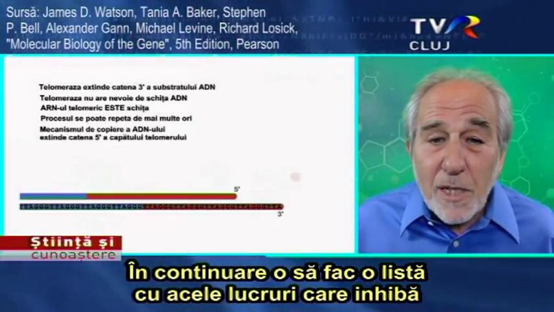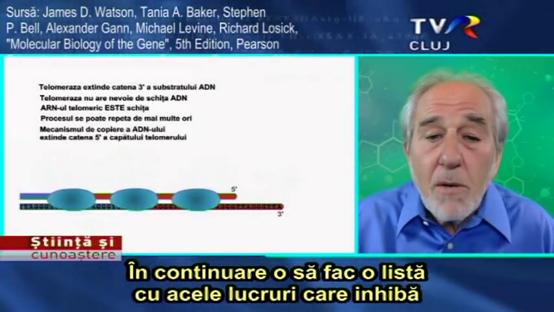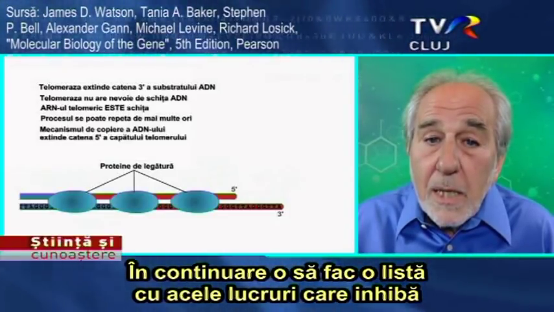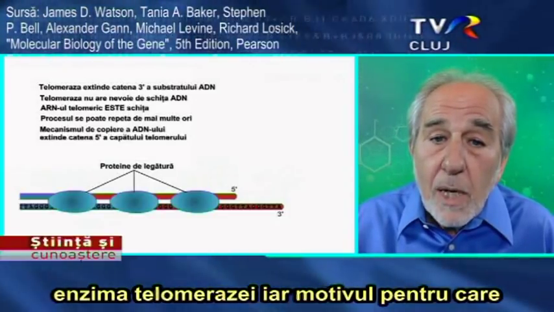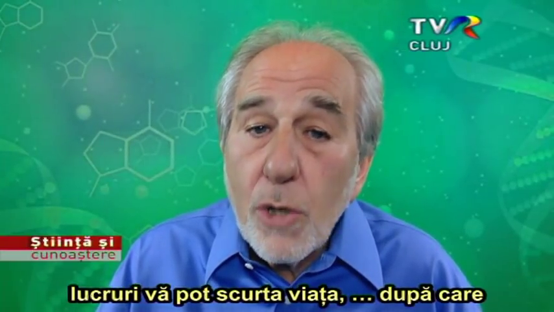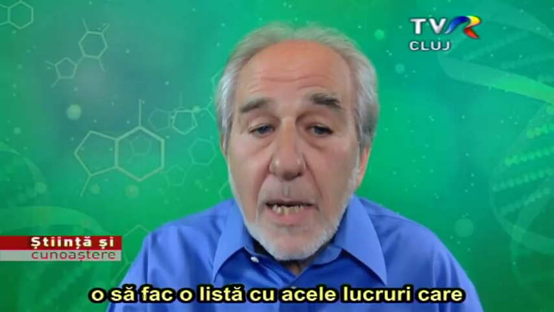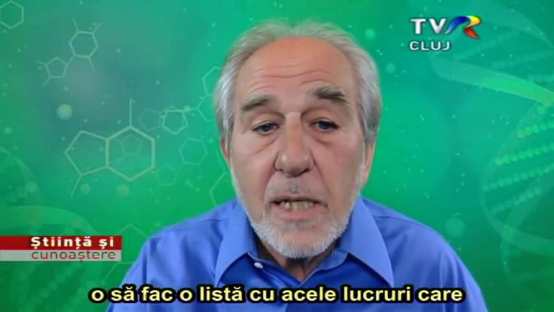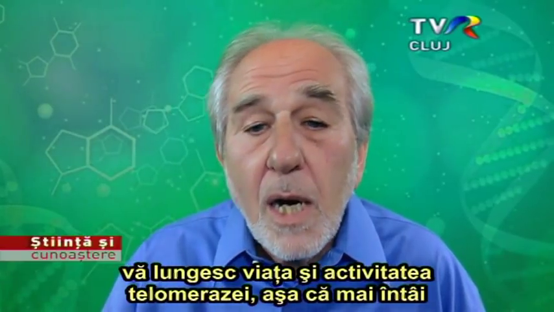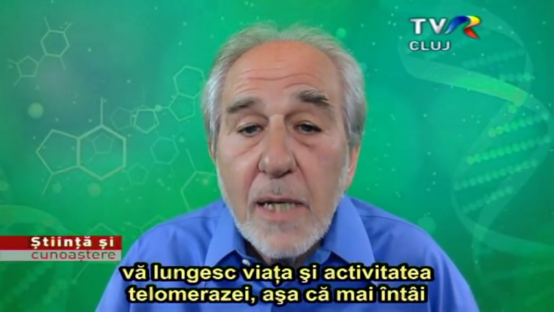So I'm going to now list first those things that inhibit the telomerase enzyme. And the reason why this is important is because these things can shorten your life. And then I'll make a list of those things that will actually expand your telomerase activity and give you a longer life.